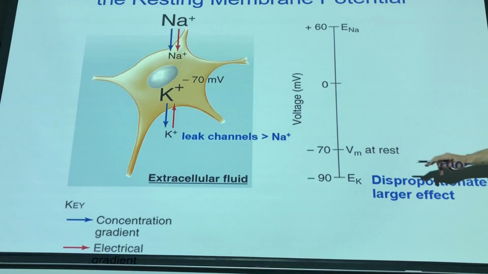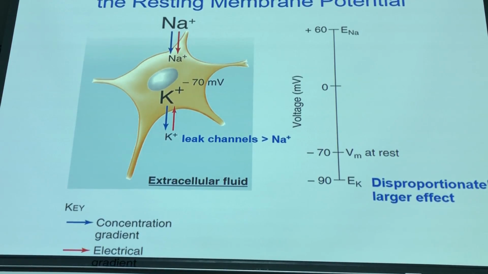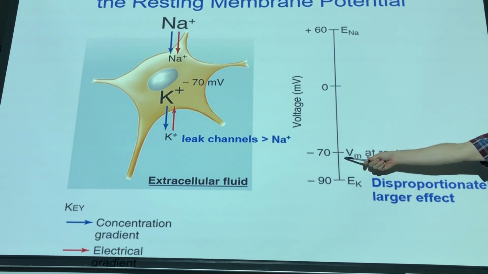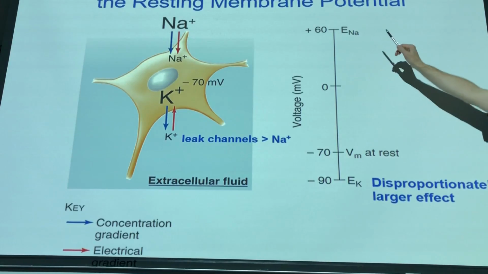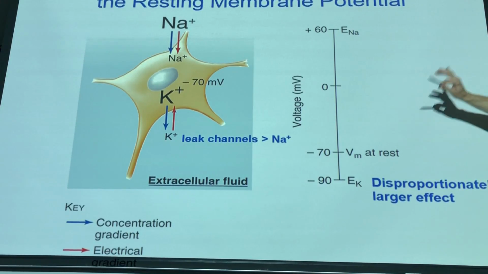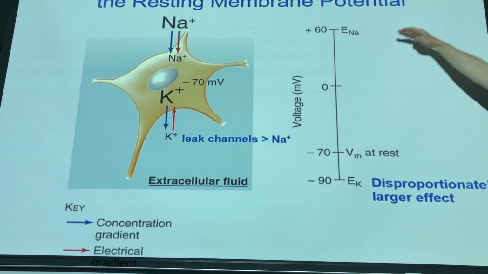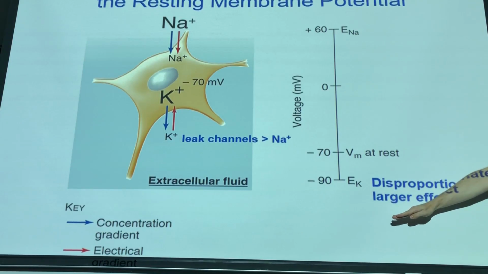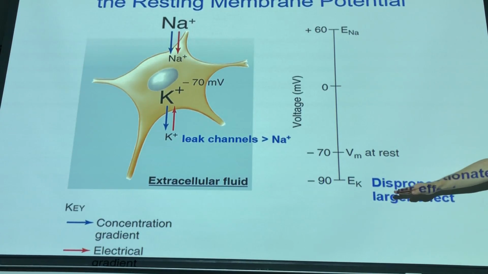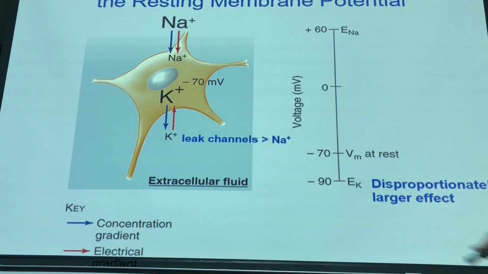Those numbers you have to know, and you also need to know that at rest, when all of these forces settle down, what you end up with is minus 70, which is the resting membrane potential of a neuron, minus 70 millivolts. It's due partly to sodium and partly to potassium, but more due to potassium.